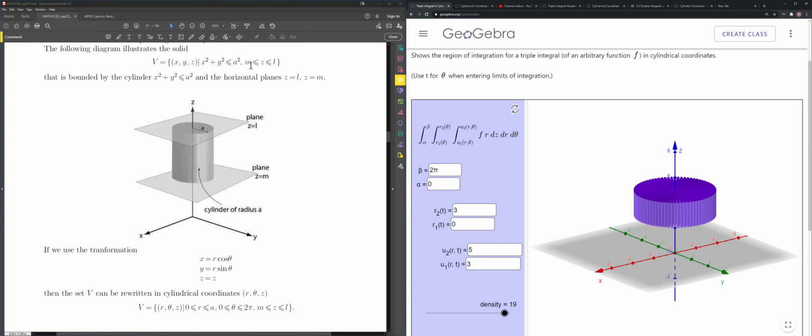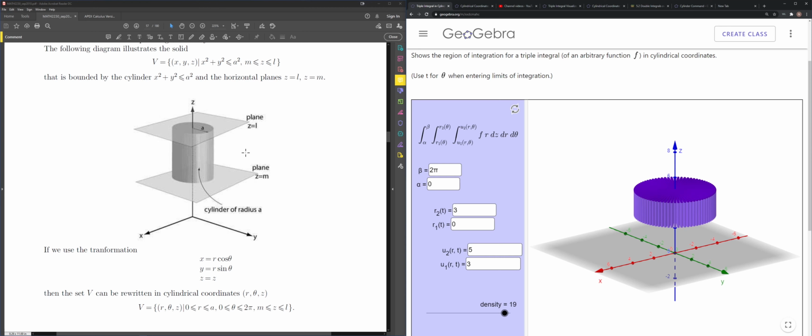So this z between m and l is the same: you use the exact same inequalities. The cylindrical solid lies between planes z equal to m and z equal to l, and likewise in cylindrical coordinates it lies between planes z equal to m and z equal to l, because the z has the same meaning.